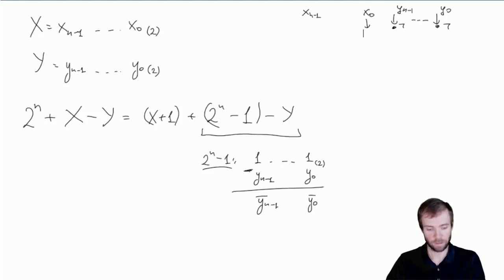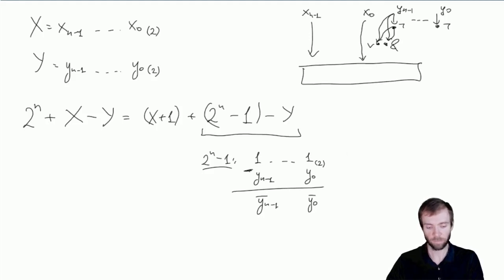So we can take, say, yn minus 1 and its negation and compute a conjunction of them, which will give us constant 0, and also compute a disjunction of them, which will give us constant 1. So now we have both constants, 0 and 1. And now we can pass all these inputs for x, and we can pass 1 here and many zeros elsewhere as a binary representation of the number 1.